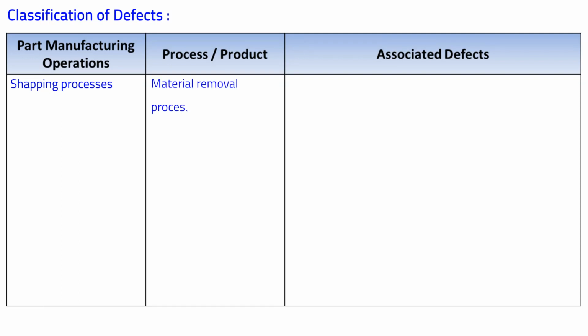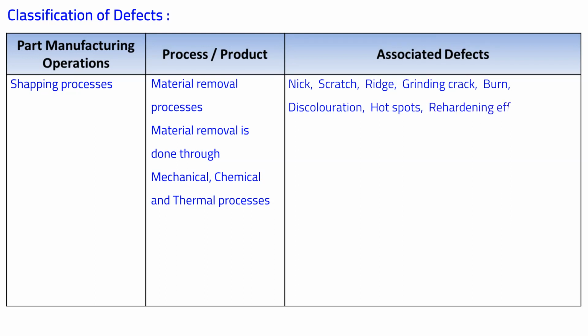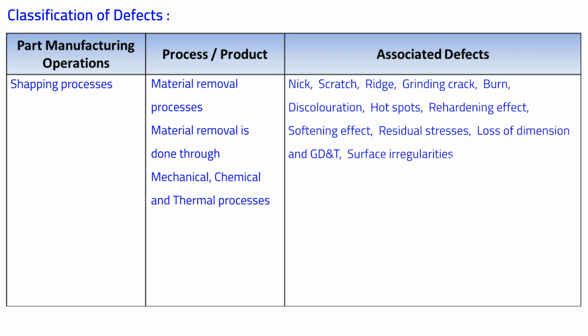Material removal processes. Material removal is done through mechanical, chemical and thermal processes. The defects associated with these processes are nick, scratch, ridge, grinding crack, burn, discoloration, hot spots, rehardening effect, softening effect, residual stresses, loss of dimension and GD&T.